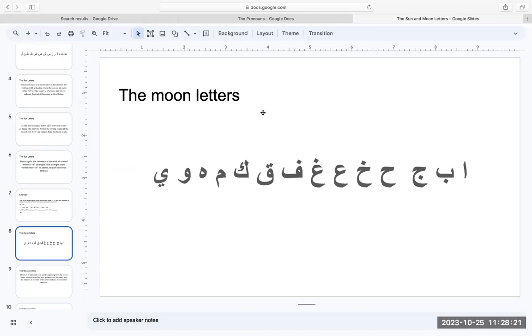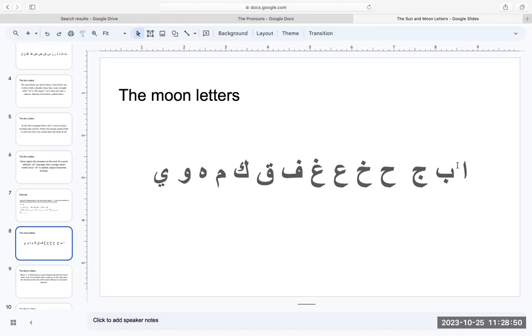Then here you have the moon letters: alif, ba, jim, ha, kha, ain, ghain, fa, qaf, kaf, mim, ha, waw, ya. When you add the alif lam to these letters, the letter that comes after the alif lam will not have shadda.